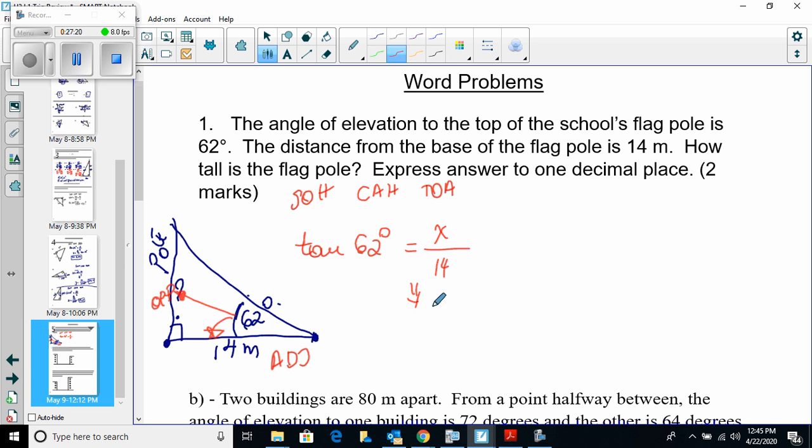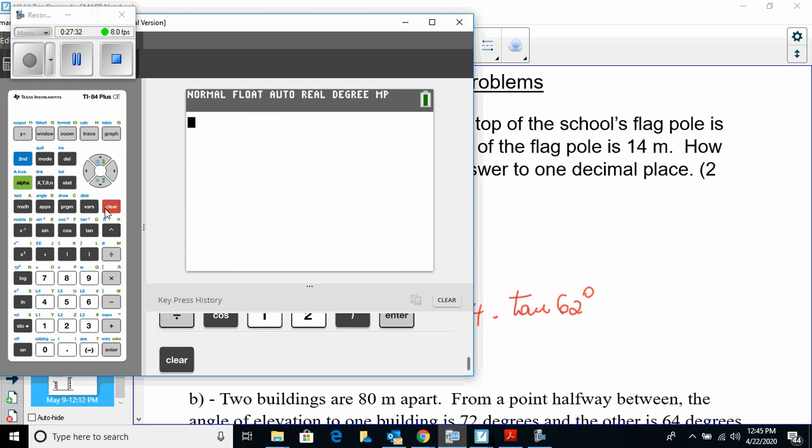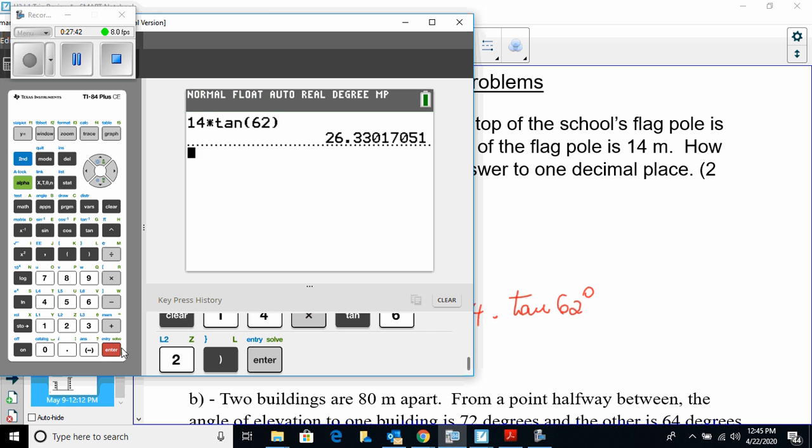From here, we find that x is 14 times tangent 62 degrees. And again, it is important to know that the mode of your calculator is on degrees, and you will type 14 times tangent 62 degrees, and you will have 26.3.